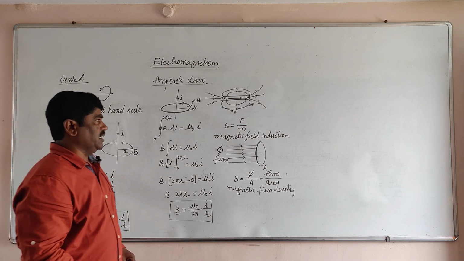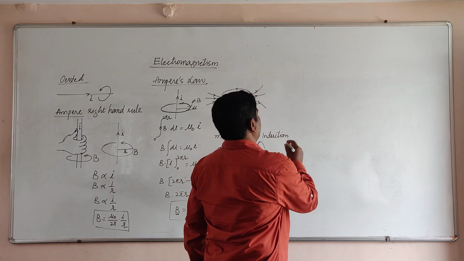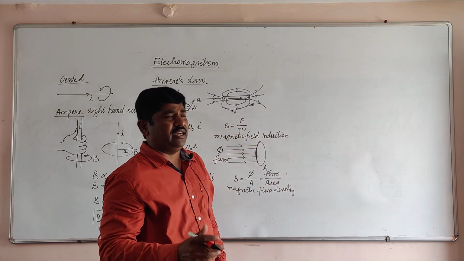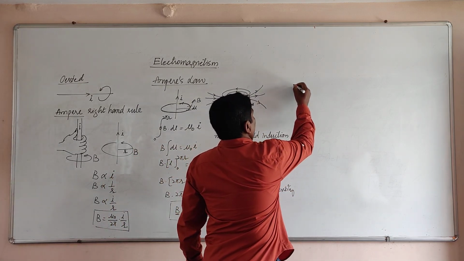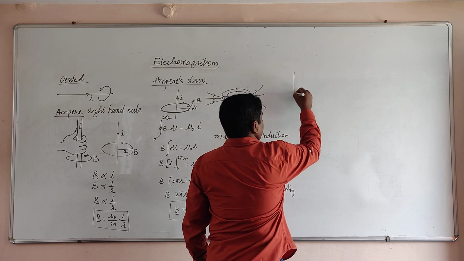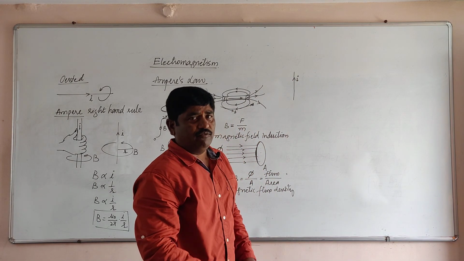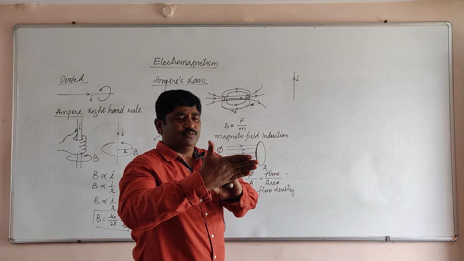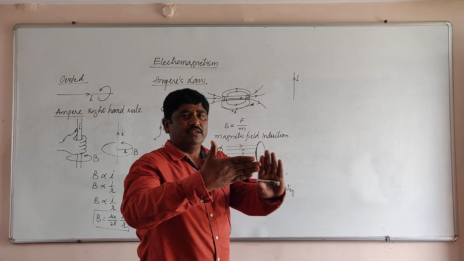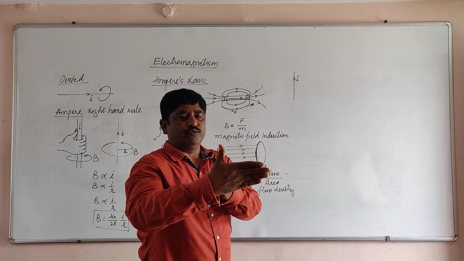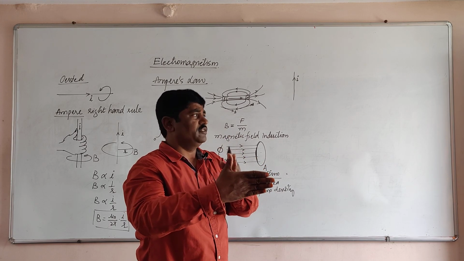And when the electric current is flowing, according to the right hand rule, whenever an electric current is passing inside a conductor, for example, this right thumb is the direction of the current, and these are the magnetic lines of force.